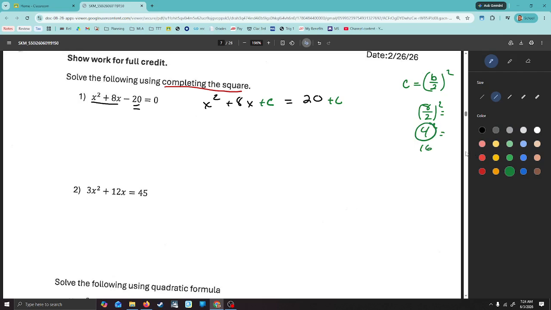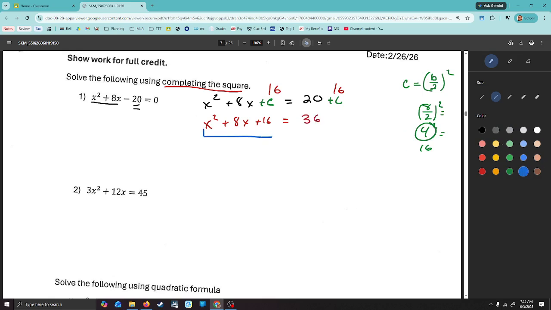Because it's 4 squared, I know this is going to be a 4, and this is going to be a 4. Now, oh, sorry, I said 4. This is going to be 16, and this is going to be 16. So now on this left side, I have x squared plus 8x plus 16 equals 20 plus 16, 36.